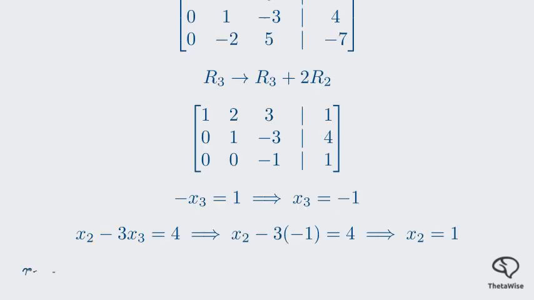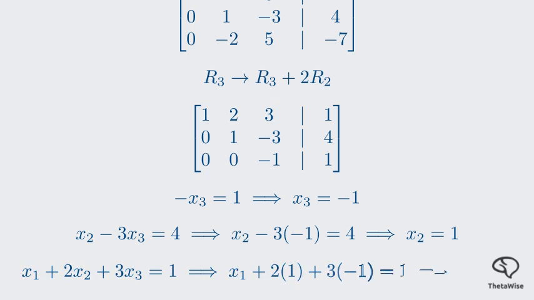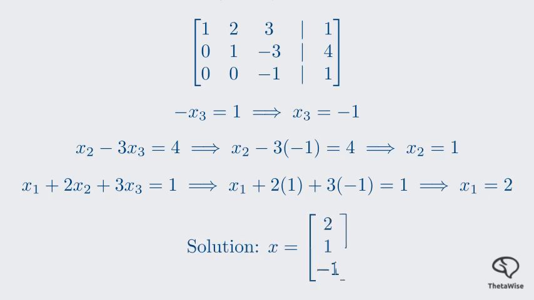The first row tells us x1 plus 2 times x2 plus 3 times x3 equals 1. Substituting x2 and x3, we get x1 plus 2 minus 3 equals 1, which means x1 minus 1 equals 1, so x1 equals 2. So the unique solution is the vector 2, 1, minus 1.